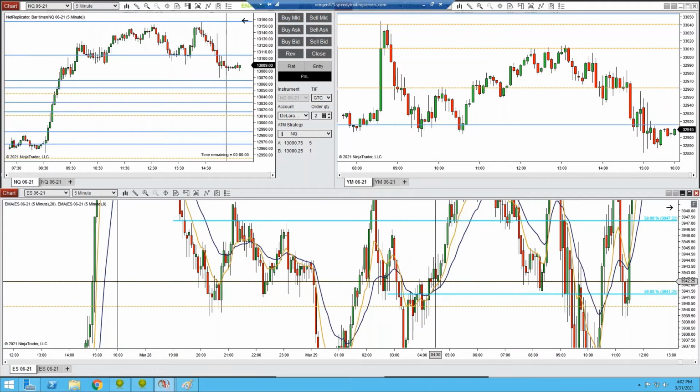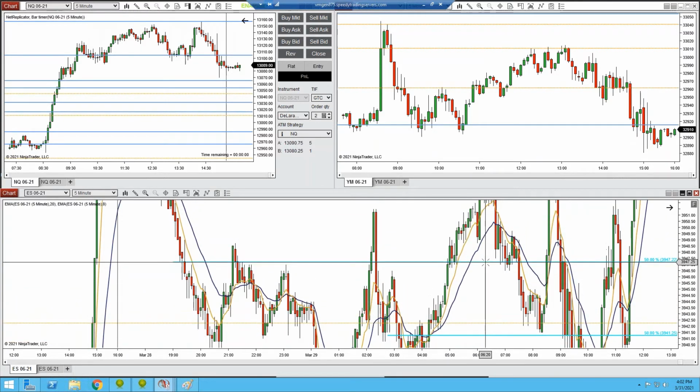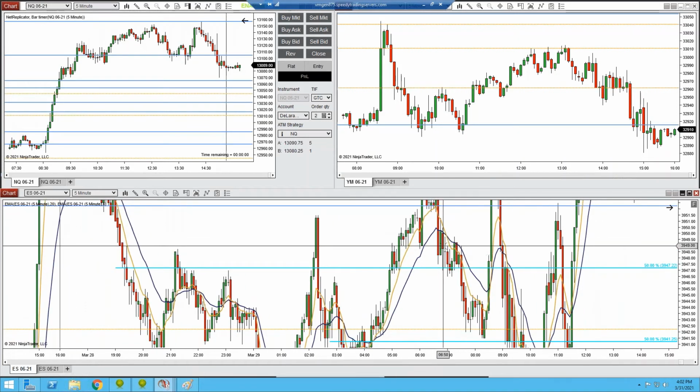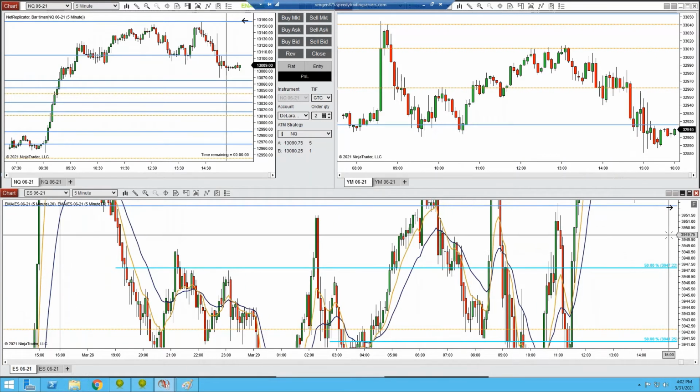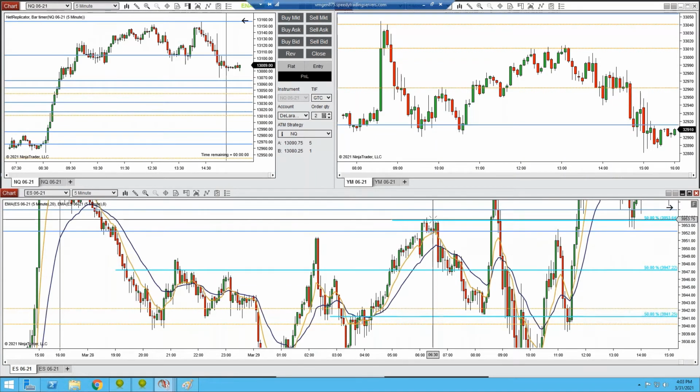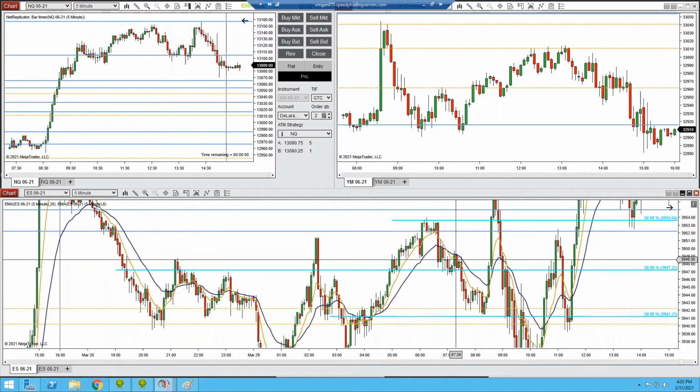But these are unfortunately really good crosses on this 8 and 20. Let's see, this cross, you wouldn't necessarily have to take because we had the CPs up here. And again, we're right at the 50%. So we're already getting some really good signals off of prediction points, even without this 8 and 20 here.